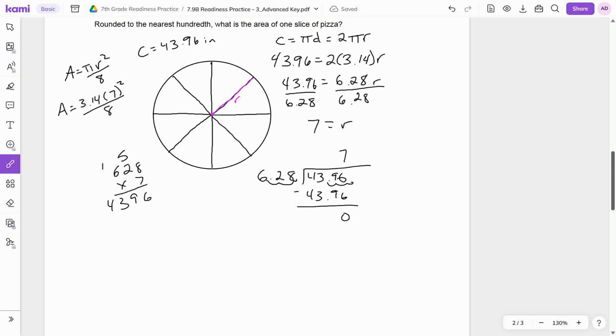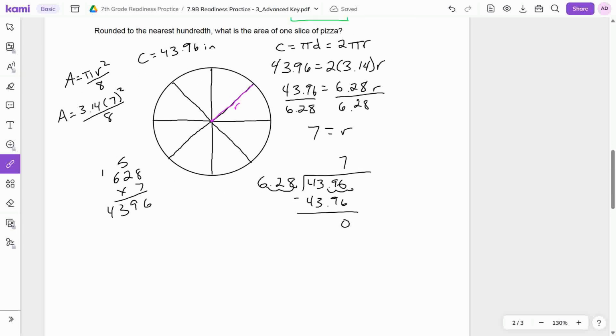All right, so let's do some calculations here. We need to round it to the nearest hundredth. So it's going to be a little bit messy, but we're not going to have to divide forever. Okay, so the 7 squared equals 49. So 3.14 times 49 divided by 8. All right, so let's do 3.14 times 49.